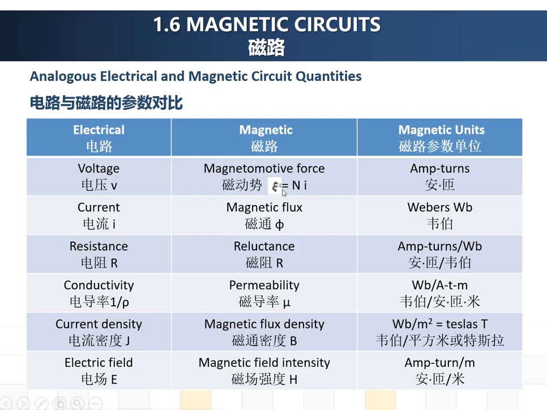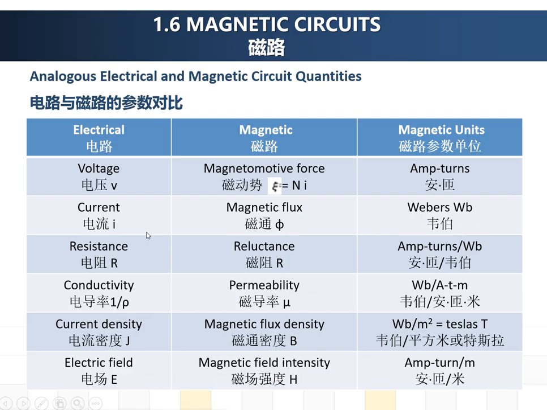Epsilon is equal to N multiplied by I, where N represents the turns of the coil and I is the current flowing inside of the coil. The unit of magnetomotive force is ampere turns.